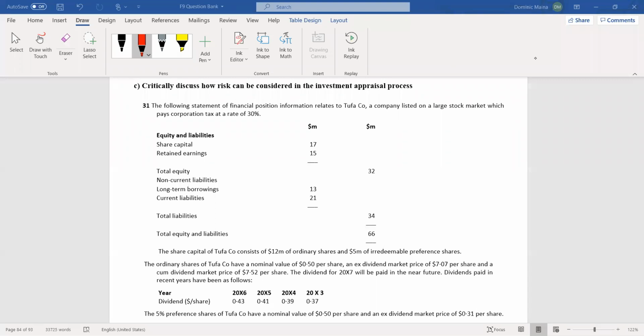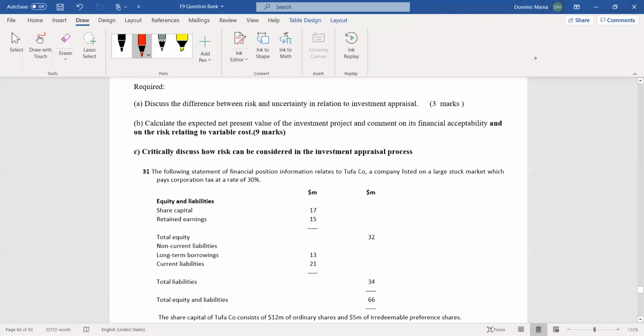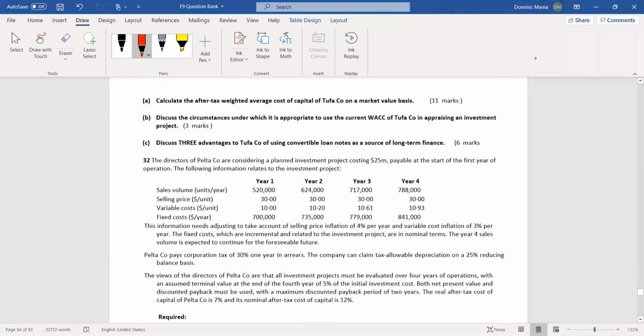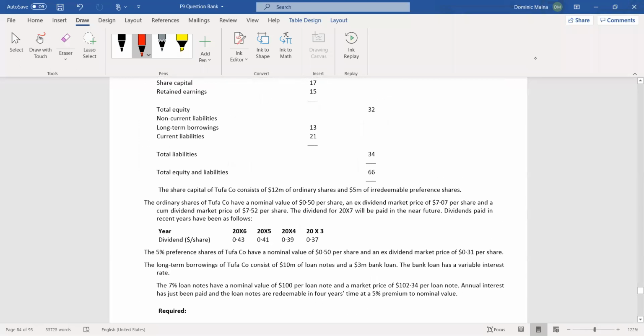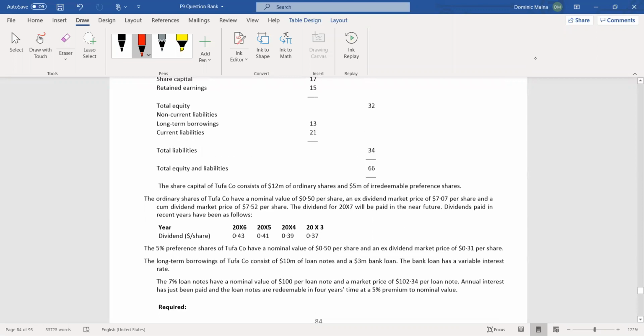Here is a question which I guess should be a good one for us: TUFA company, page 84 on TUFA company, pages 84 and 85. Go through it and then we discuss together, and we present through the use of Excel.